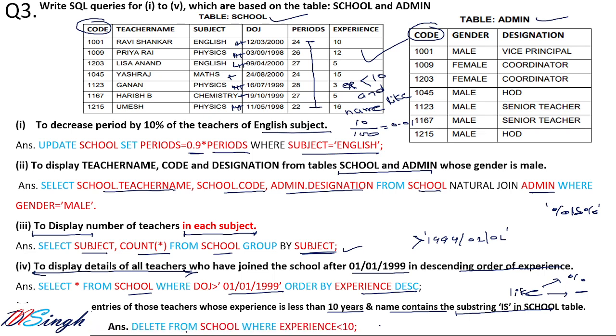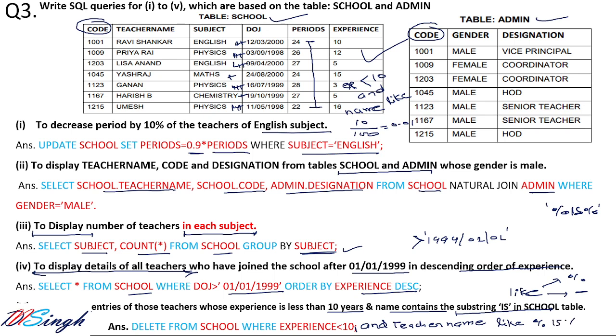Delete from school where experience is less than 10 years. Okay, fine, this is not going to end here. I will write and name is stored in teacher name, so I will write teacher name like, what will I write here?